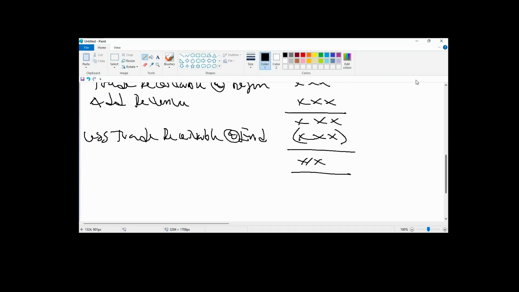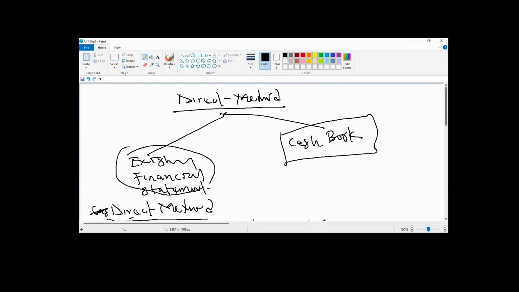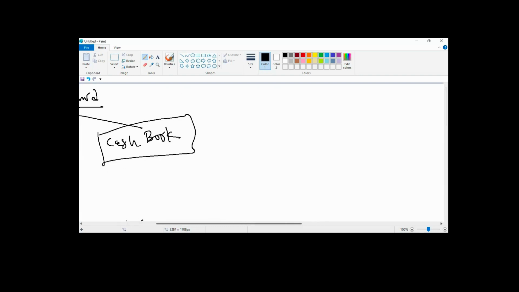Cash paid to suppliers. Who are my suppliers? What connects me and my suppliers is the trade payable, what they supplied that I've not paid for, and my purchases.